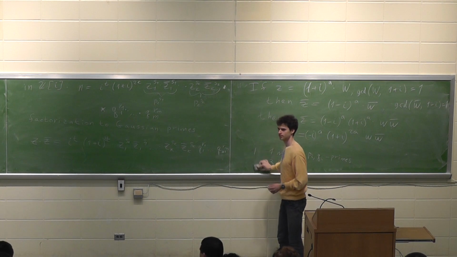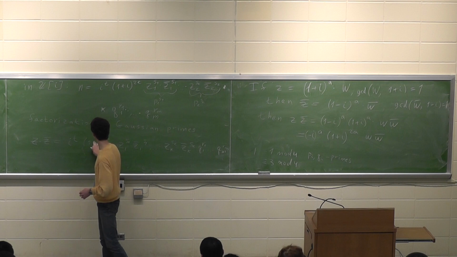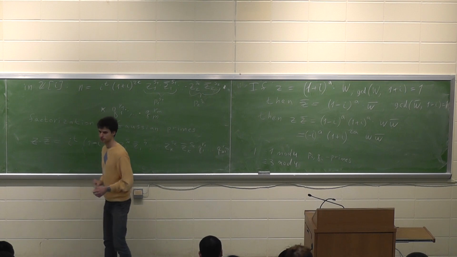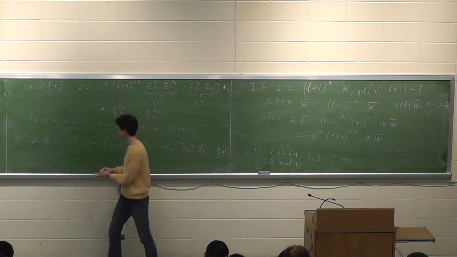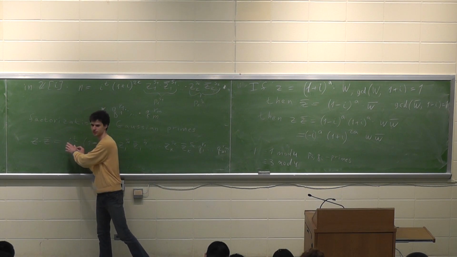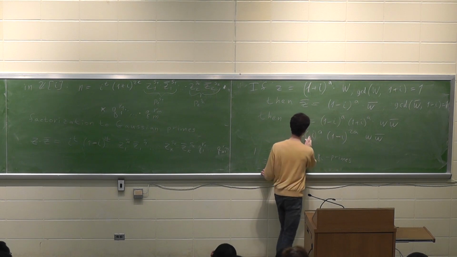Should the factorization be 1 minus i to the 2t? It should be 1 minus i. But once again, it's all the same. Even if it's plus i, then instead I can write minus i here. So let's correct it here.